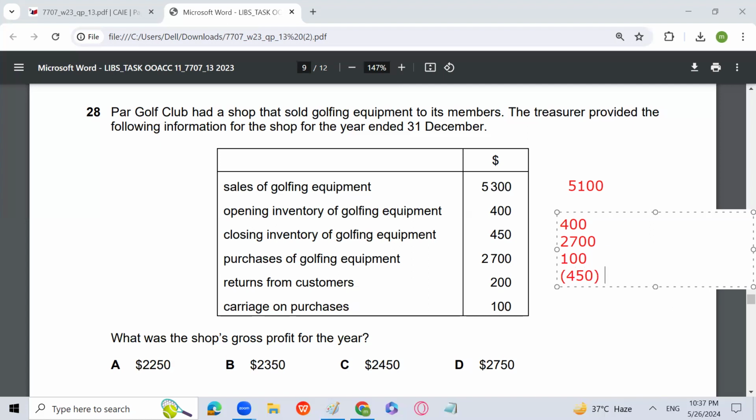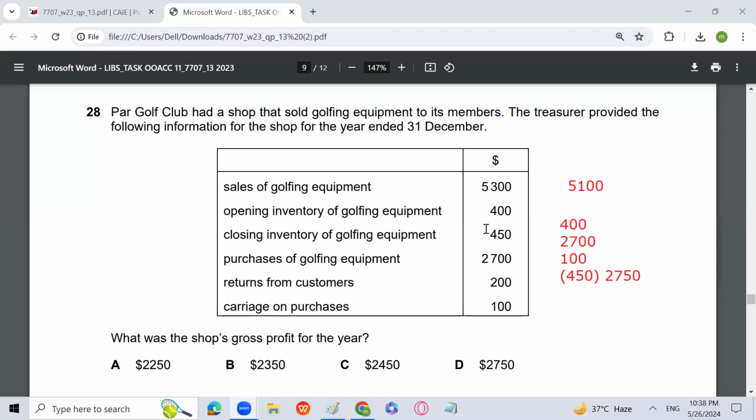So the answer for the cost of sales will be 2,750. When you subtract 5,100 minus 2,750, you will get the answer 2,350. B is the answer. So B is going to be the answer, 2,350.